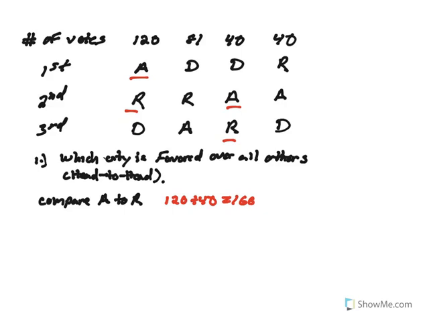Now let's compare city A to D. Okay, A to D. So look at each column and determine in which columns A is favored over D. Well, the first column is clearly 120.